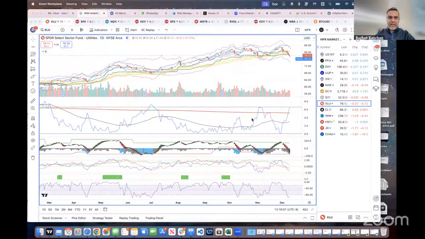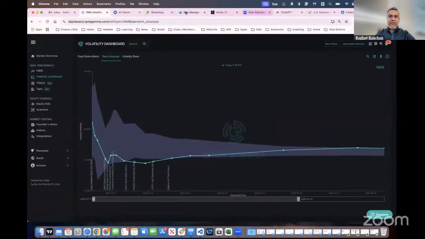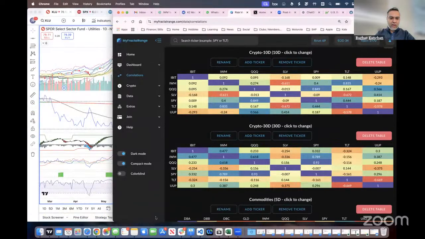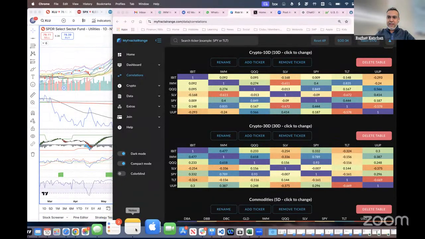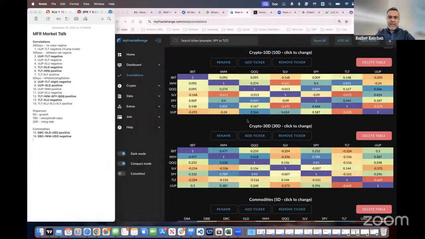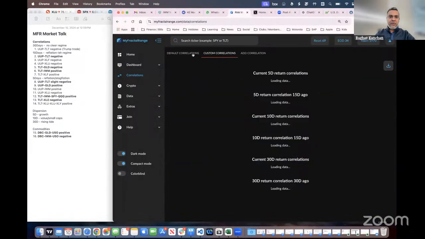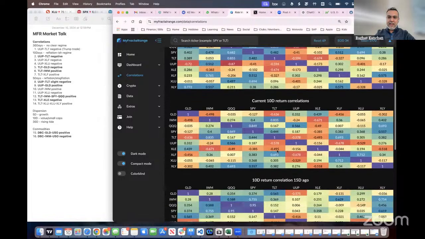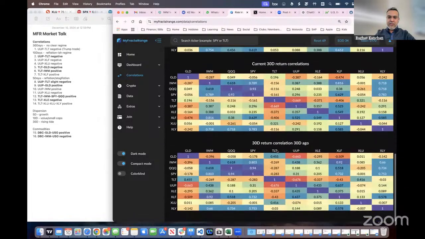So I have my fractal range open, and the first thing, as we always do, is to look at the correlations. I have some notes on the side, and I'll try to talk through them. So let's go to the default correlations. I have 5-day, 10-day and 30-day. I'll start with 30-day.